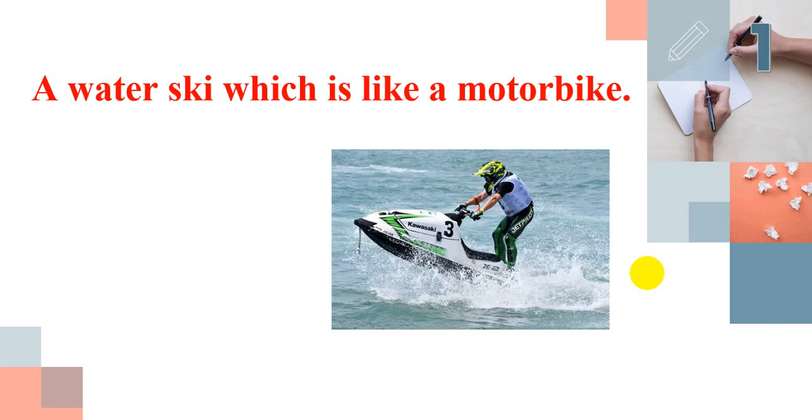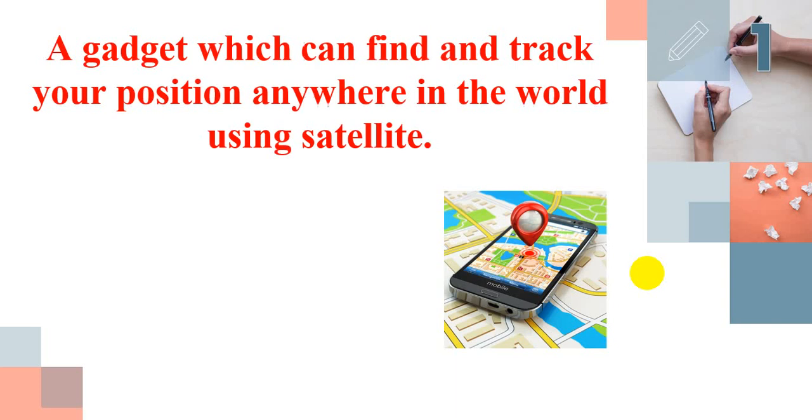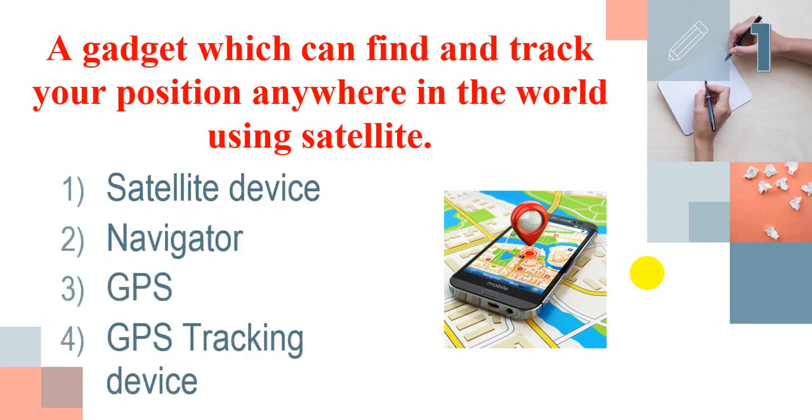And a water ski which is like a motorbike. Is it a water ski? A gadget which can find and track your position anywhere in the world using satellite. Is it? The correct answer here is the satellite device.